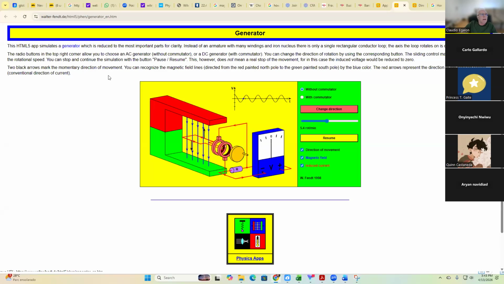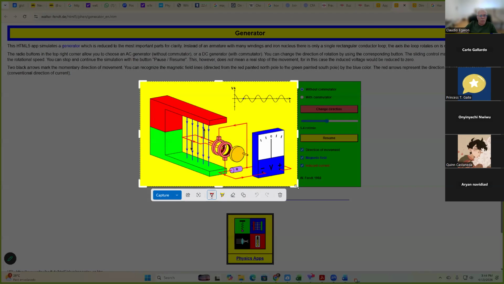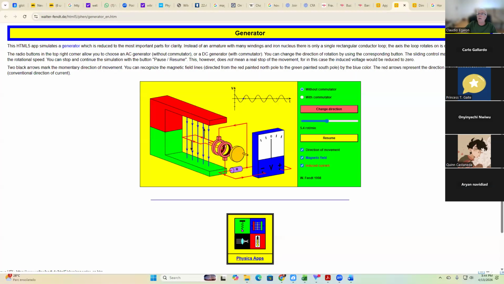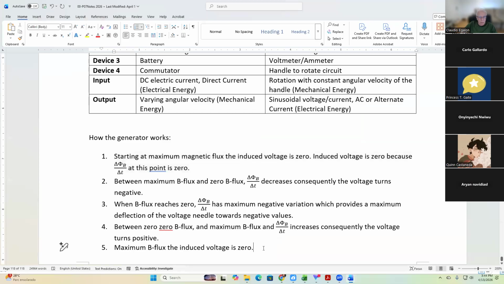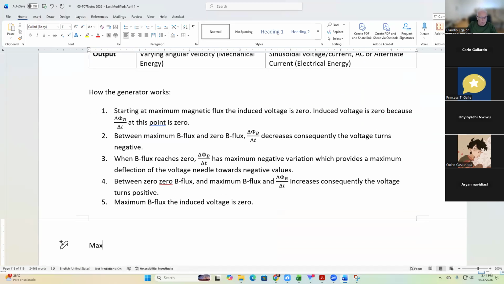And we can go ahead and copy. Maximum flux, current going one direction. Maximum B flux, current induced.